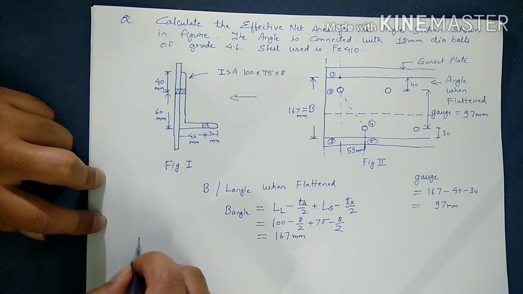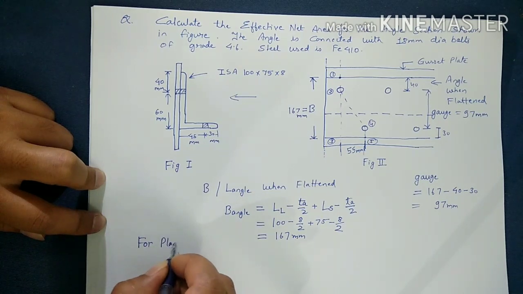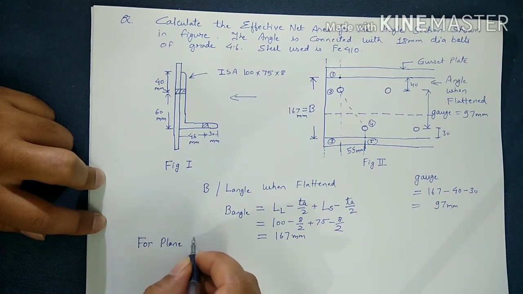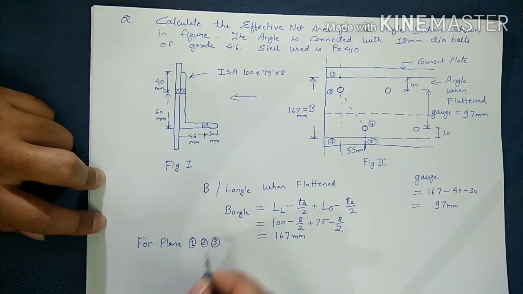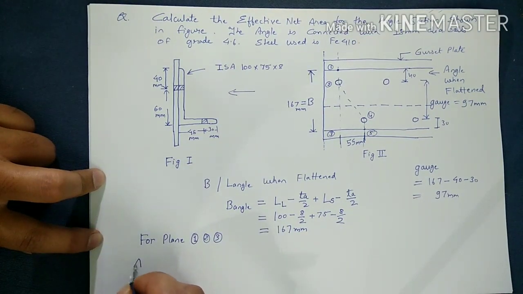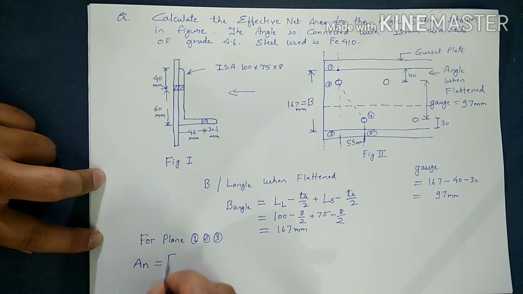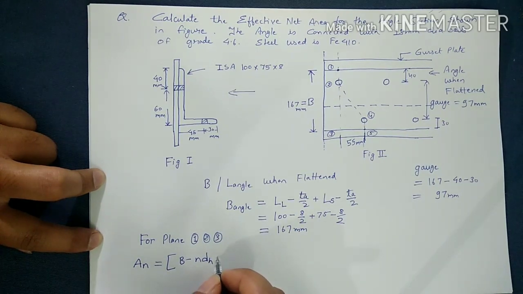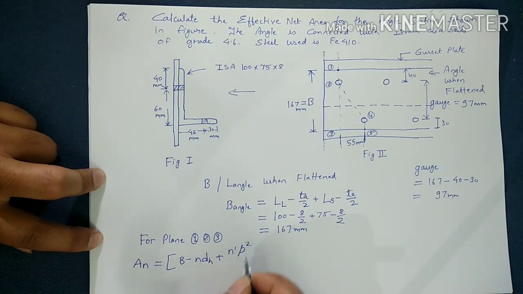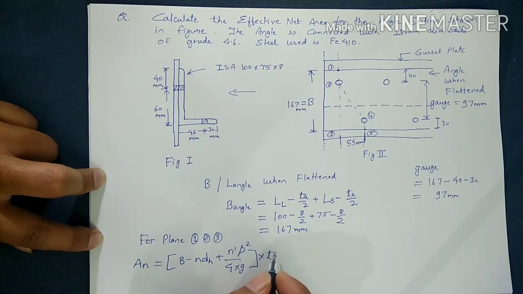For plane 1, 2, 3, we know the formula for zigzag pattern bolting: AN is width minus number of bolts into dia of holes plus n dash, that is number of times staggering, pitch square upon 4 into gauge distance, into thickness of plate.